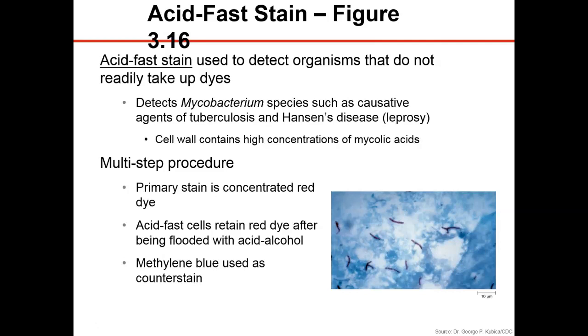And so we use a procedure known as the acid fast stain to allow the cells to take in the acidic dye known as carbol fuchsin. So carbol fuchsin will bind to the mycolic acid and will stick to that mycolic acid.